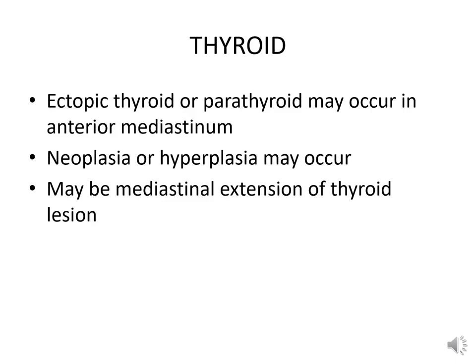The pressure symptoms are produced early as there is no scope for expansion. The treatment of a thyroid tumor is by a cervical incision, which is usual, and very rarely a midline sternotomy may be indicated.